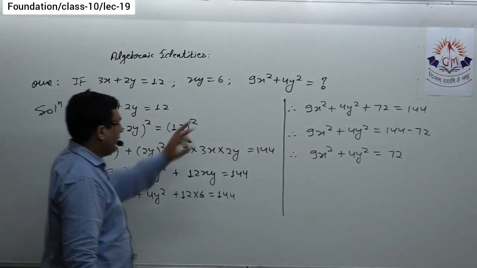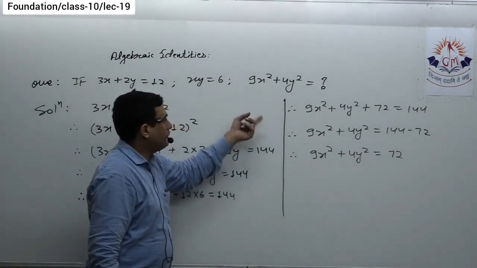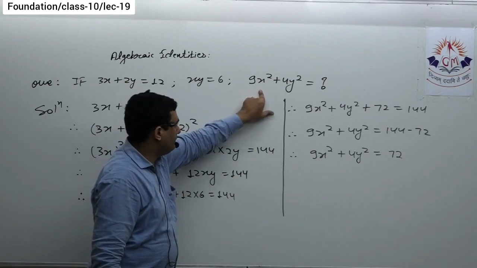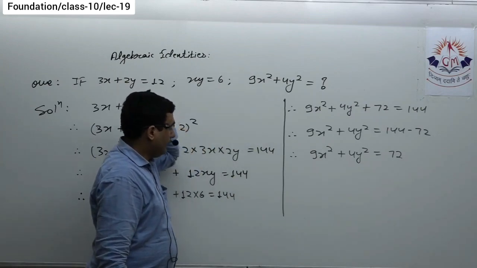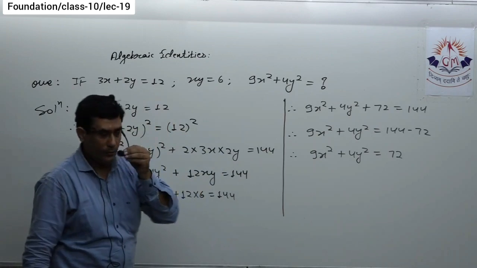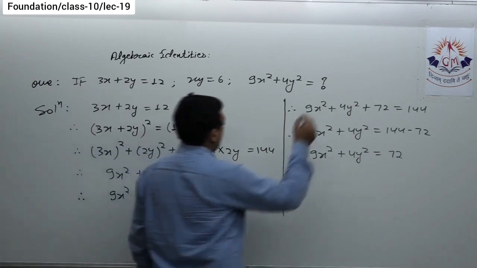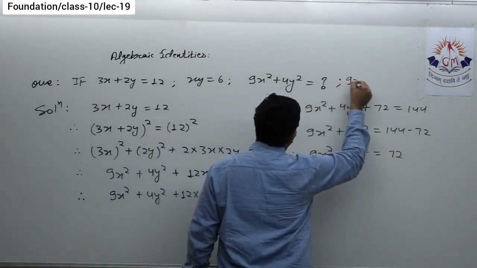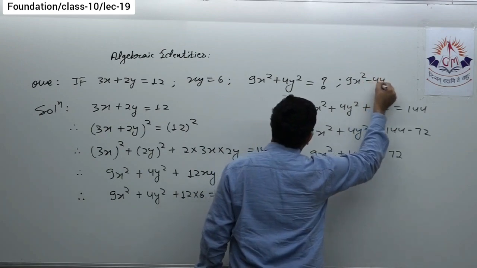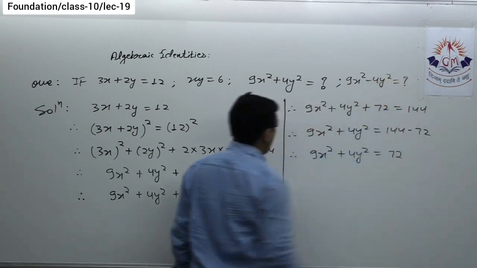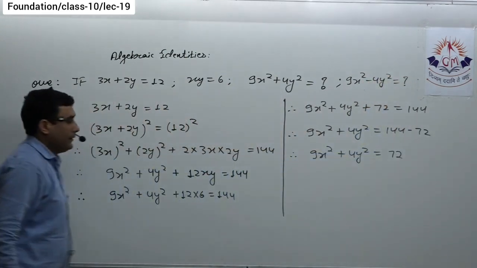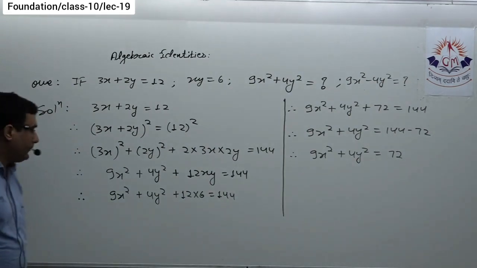Now suppose in the same question you have to find the value of 9x square minus 4y square. If I say find the value of 9x square minus 4y square, then how will you do it? Okay, 9x square minus 4y square.